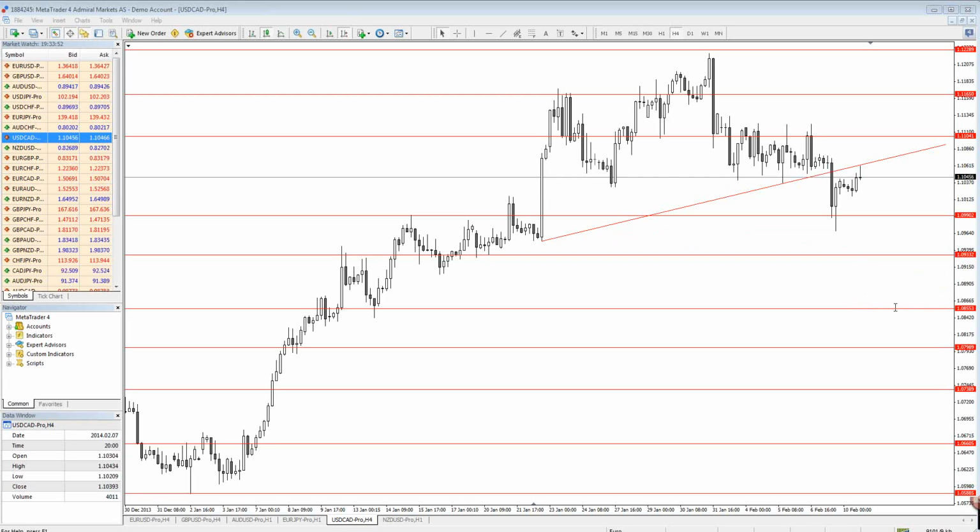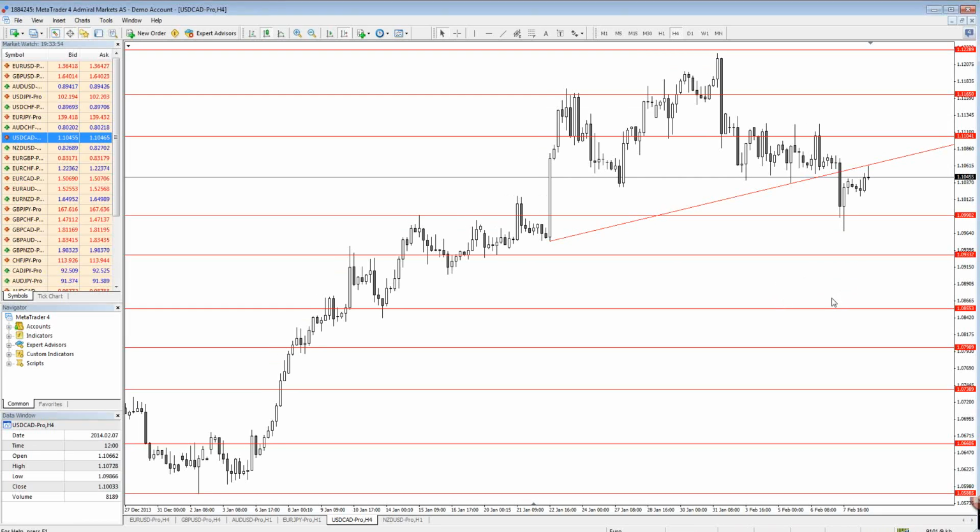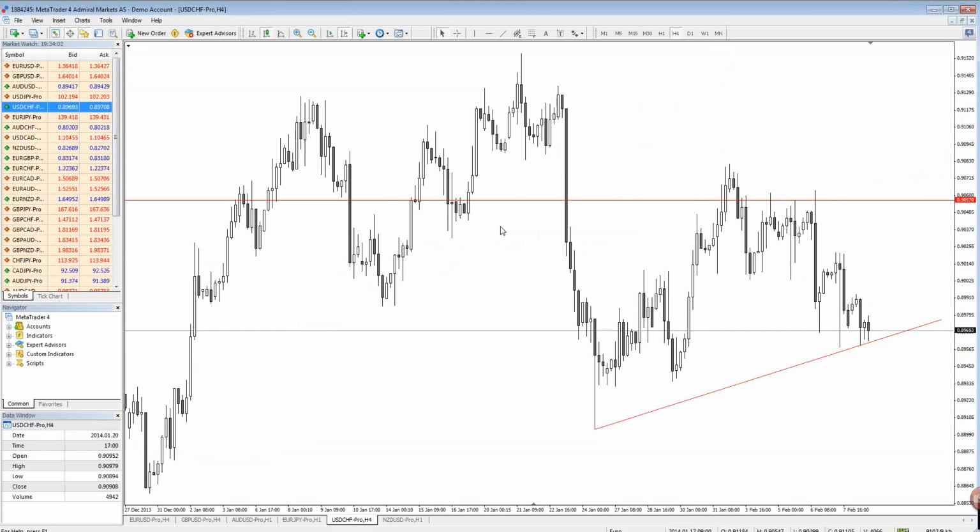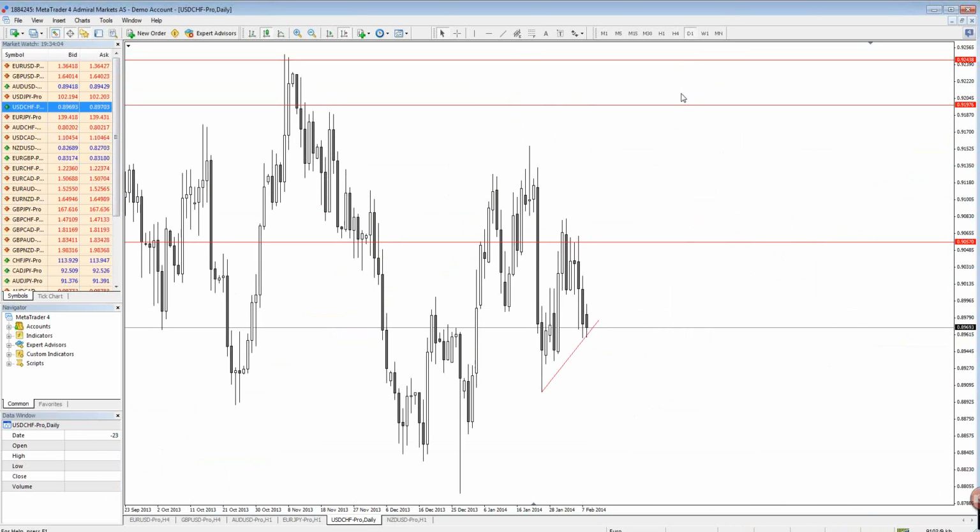Is dollar Swissy head and shoulders pattern on daily? Let me check dollar Swissy daily time frame. It might look like it, but no, this is M pattern, but it's playing out.